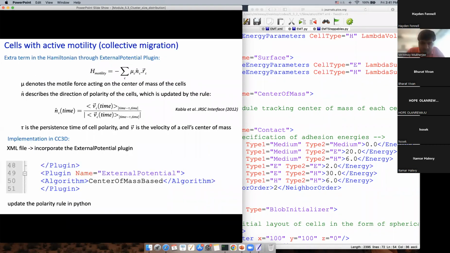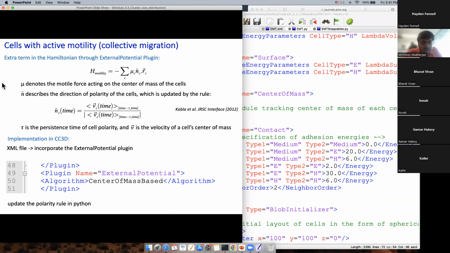There are many ways in the active matter literature or the tumor literature to incorporate this kind of extra motility term. In CC3D, I think there is already a way to add extra energy to the Hamiltonian. This is the external potential plugin in the Python snippet.